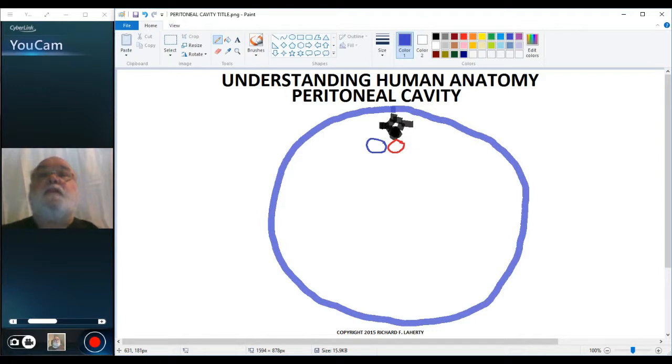Now, in this diagram, I'm going to represent the small intestine with just a couple of sections.